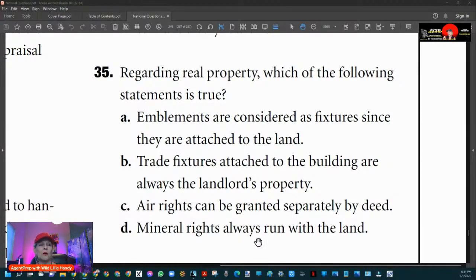Mineral rights are under the land, and they sometimes run with the land if the seller agrees to convey them. But if the seller says, no, I'm producing oil, I'm going to keep that, that's mine, they can. The buyer would have to agree if they want the land. Okay, so 35 is C. So minerals and air rights can be conveyed separately.